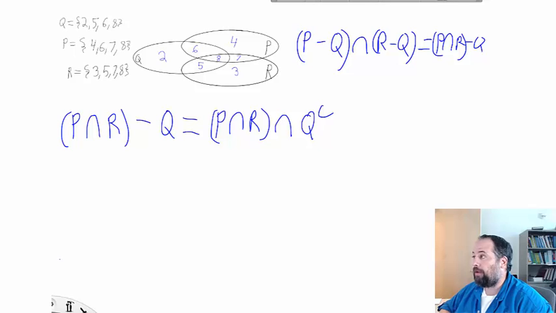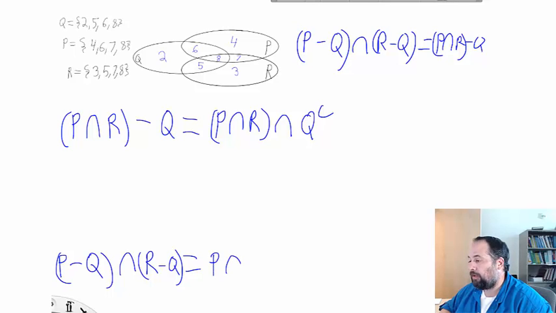And then down here we have (P minus Q) intersection (R minus Q), which is going to be the same as (P intersection Q complement) and (R intersection Q complement).